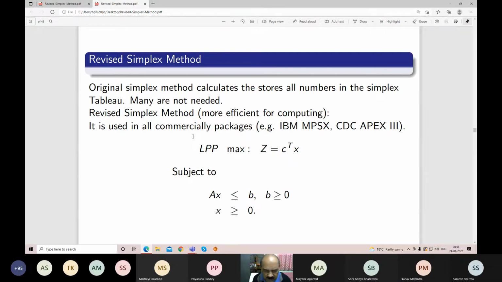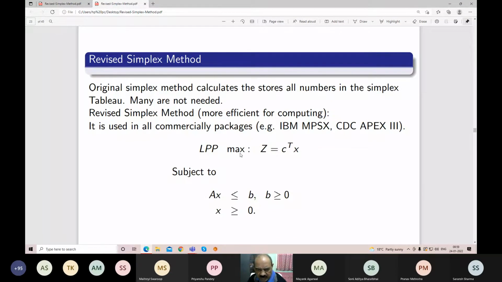For simplicity, I am using a linear programming problem with only slack variables as our basic variables. Surplus variables and artificial variables are not there, so that it will be easier to compare and easier to use. So what is the problem here?